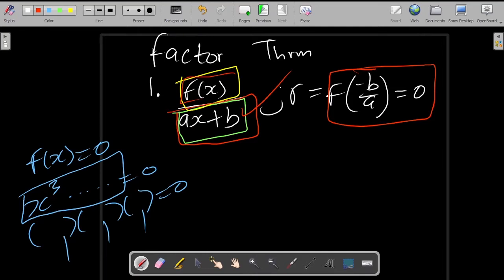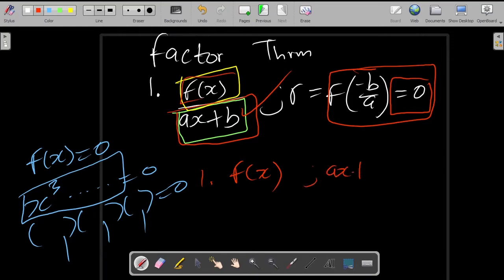So you can swap this thing around. And the first point, as I said, there are 2 points which basically say the same thing. So if f of x is a polynomial and ax plus b is a factor, then you expect your remainder to be 0.